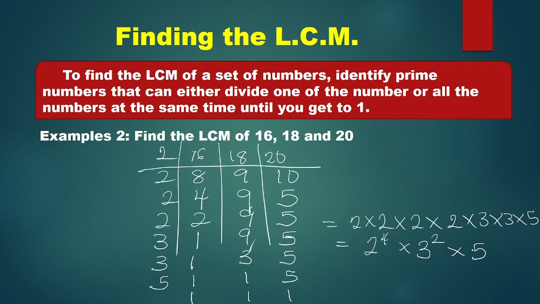So my final answer is 2 times 2 is 4, 4 times 2 is 8, 8 times 2 is 16, 16 times 9 is 144. Then multiply by 5 again, and that's 720. So my LCM of those three numbers will simply be 720.